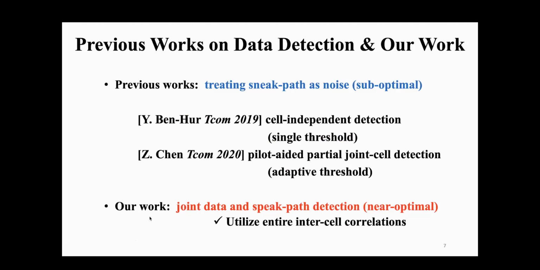For this model, the main challenge of data detection is cell correlation. Due to the data dependence of a sneak path, previous works proposed suboptimal data detection schemes by ignoring the cell correlation and treating sneak path interference as noise.